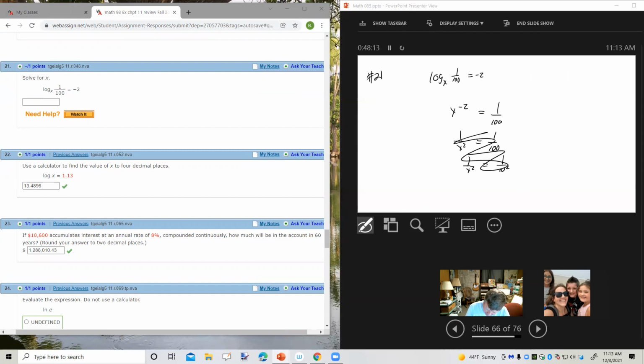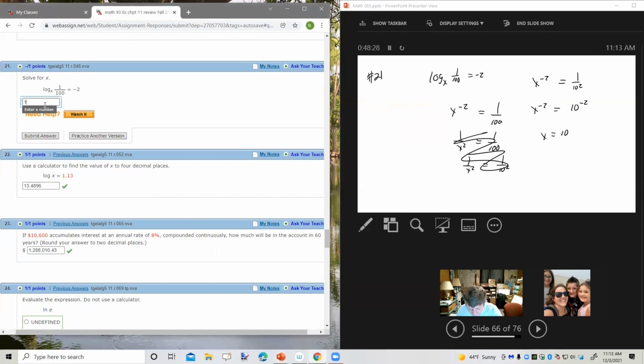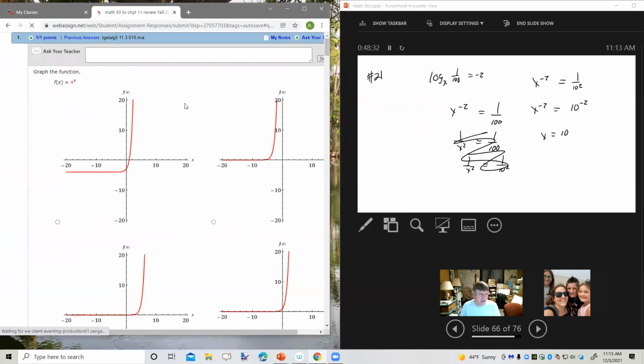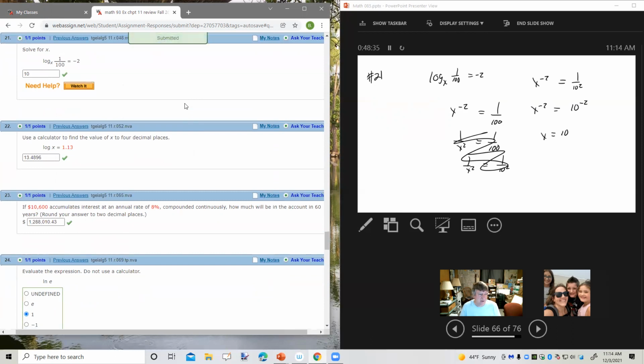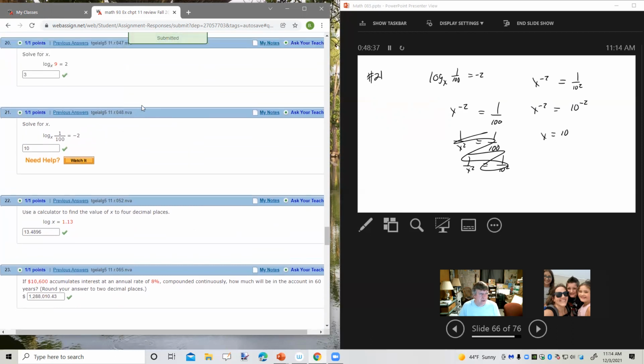Let's do this. Let's go back here and say x to the -2 power equals 1/10 squared. X to the -2 power equals 10 to the -2 power. So x equals 10. It's probably a little bit easier than the way I was going. So you've got to know your rules. You've got to know how to change from logarithmic to exponential form. You've got to know your exponential rules.